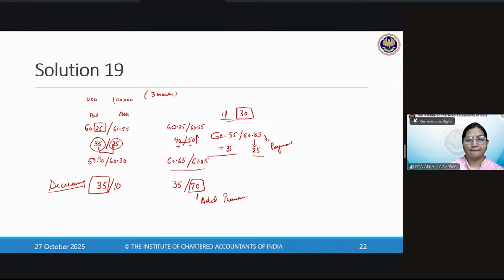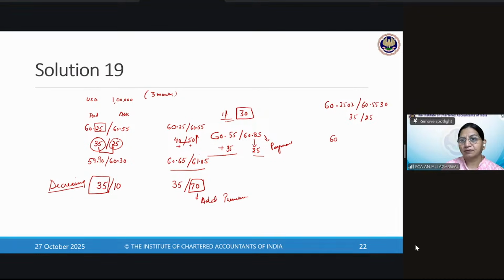Another MCQ: 60.2502 and 60.5530. Then swap points are given as 35 and 25. What would be the forward?